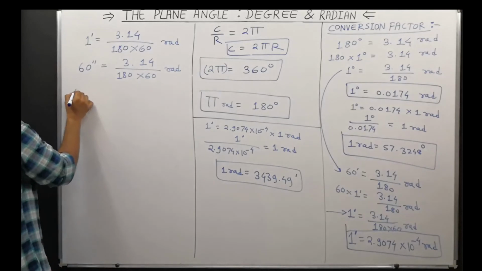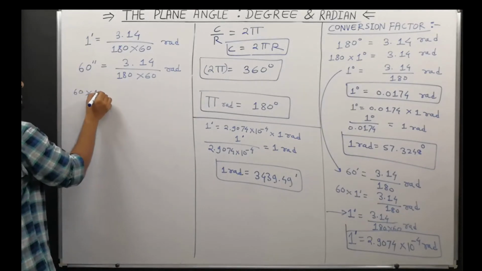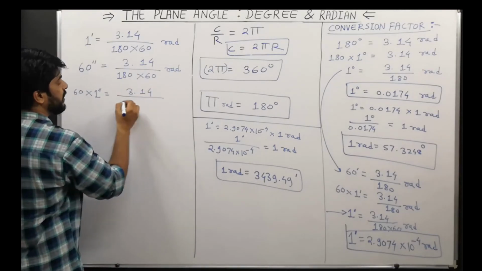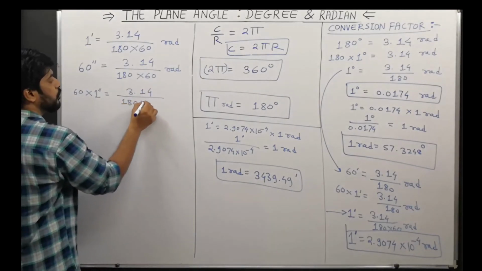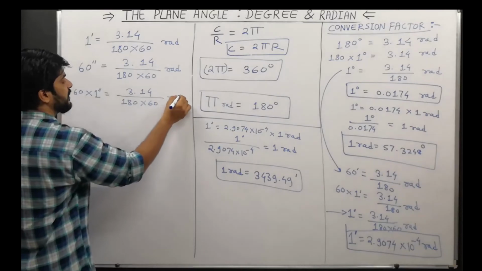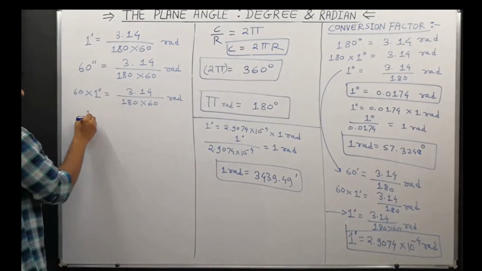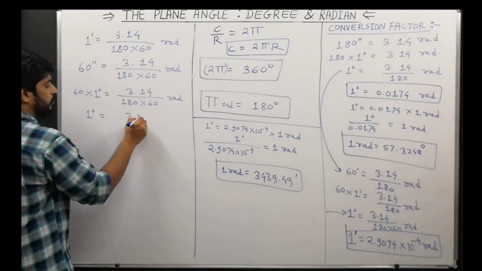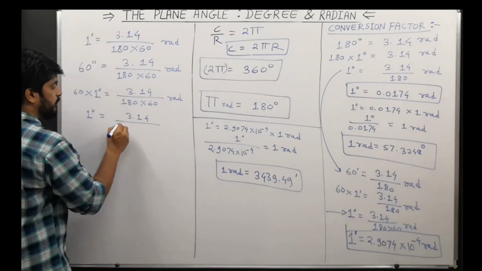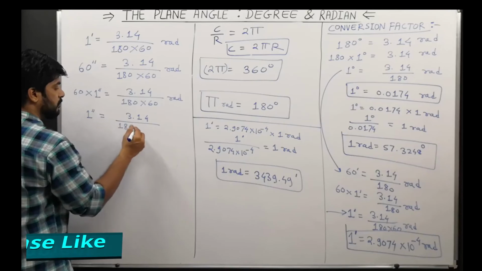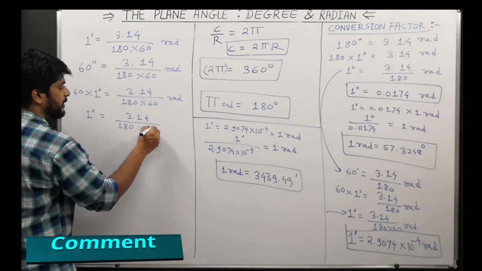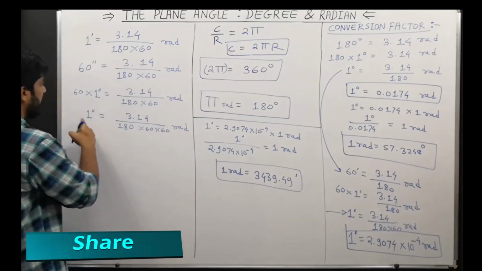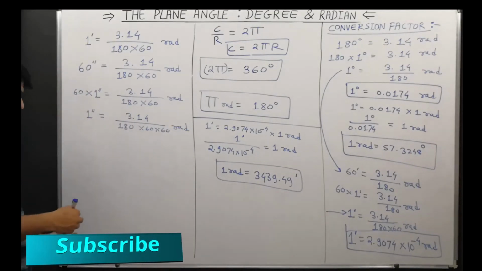Now we can write this as 60 times 1 second equal to 3.14 divided by 180 into 60 radians. Now we can also write this as 1 second is equal to 3.14 whole divided by 180 into 60 into 60, that is in radian. Just we have divided this 60 on the other side.